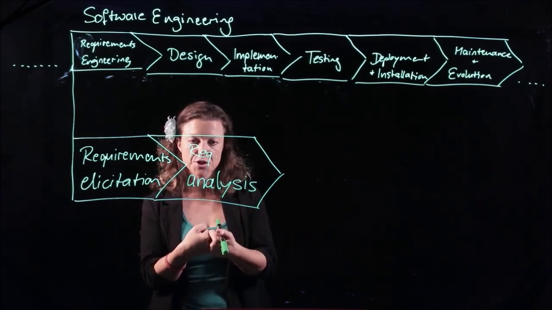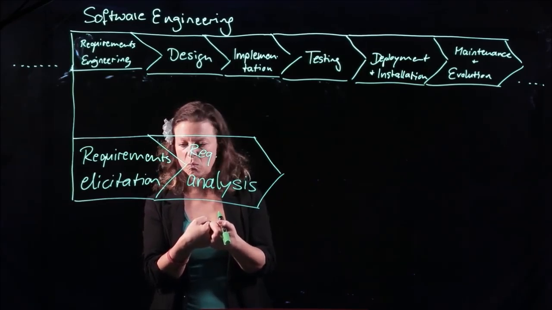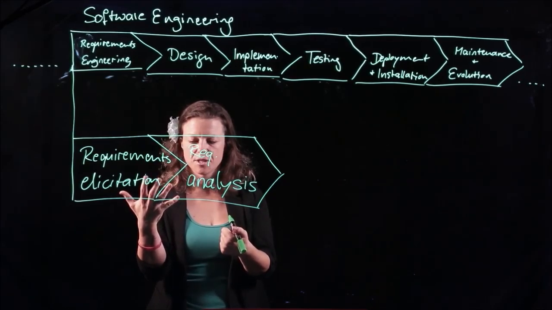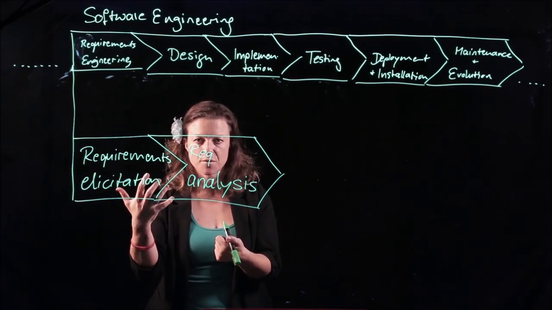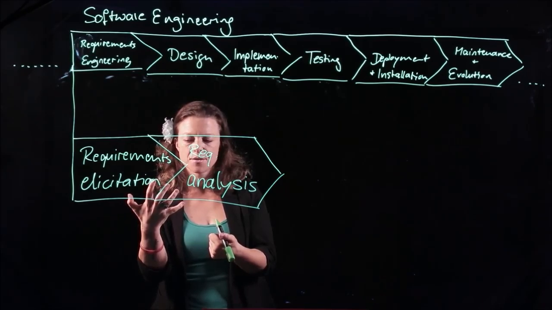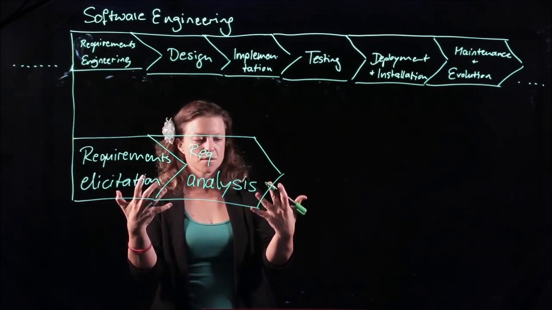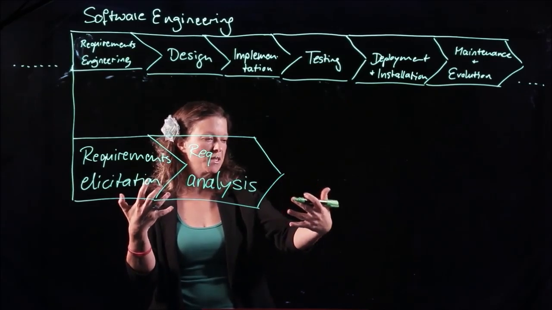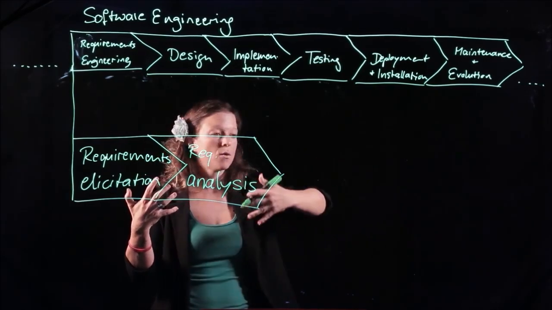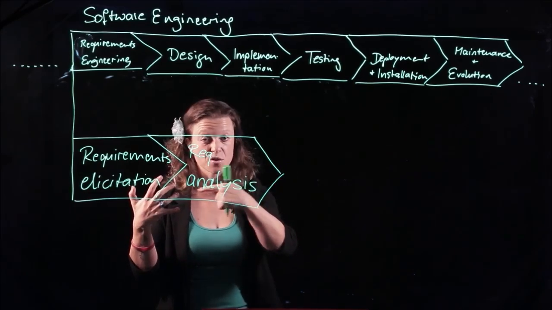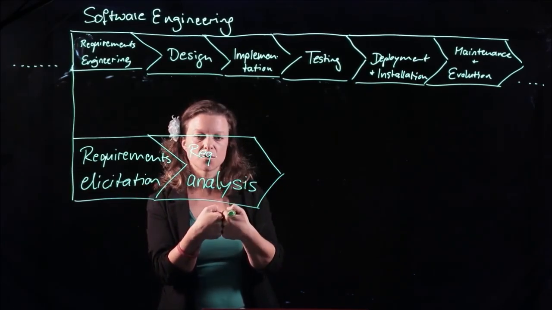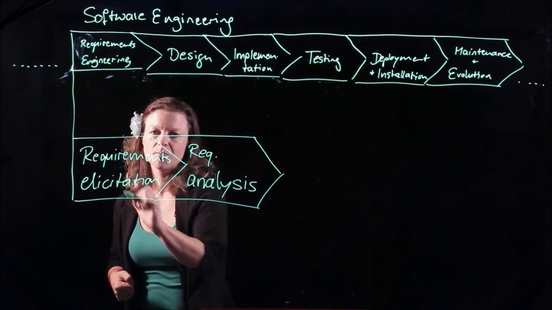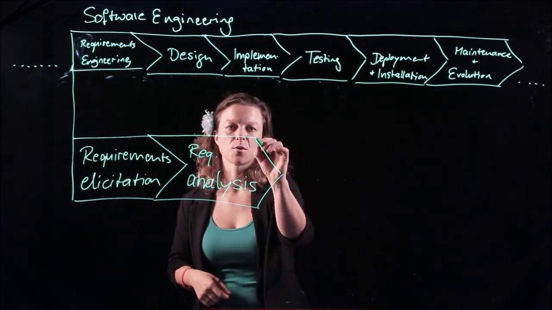Or are there any contradictions where one requirement says, we are gonna need to stay below $10,000 for the development of this product, and the other requirement says, we need to have availability 24/7, which means we need at least 1 redundant server, which means we're going to run way over the $10,000 budget. So we have a so-called conflict in our requirements, which means we need to go back over here, talk to stakeholders, and resolve the conflict.